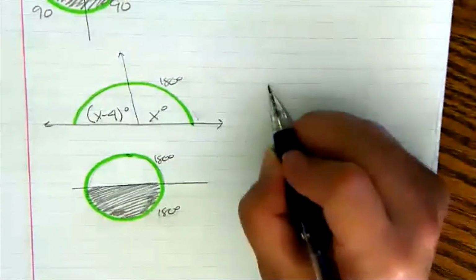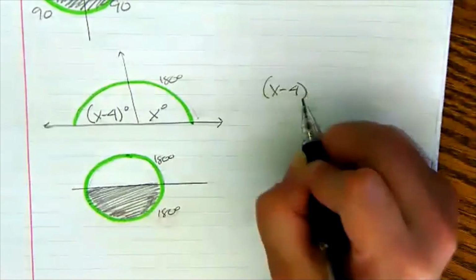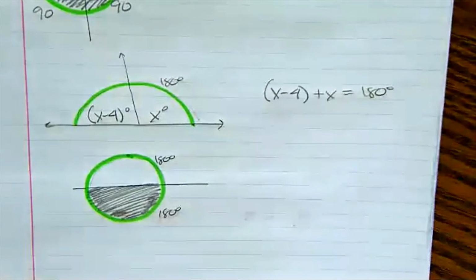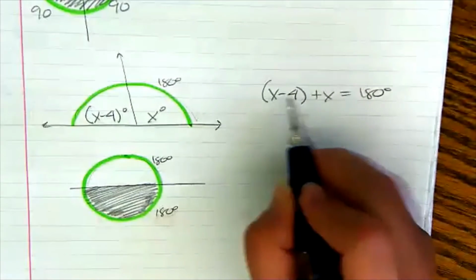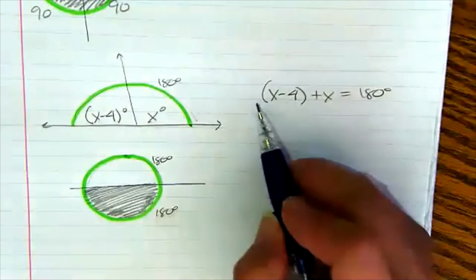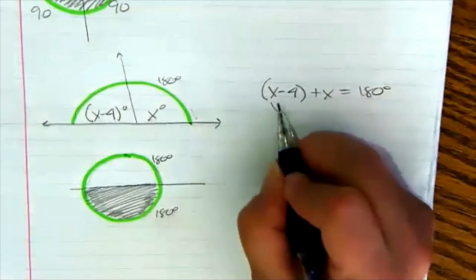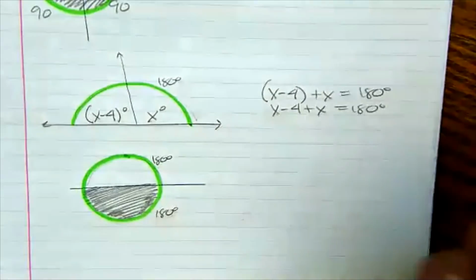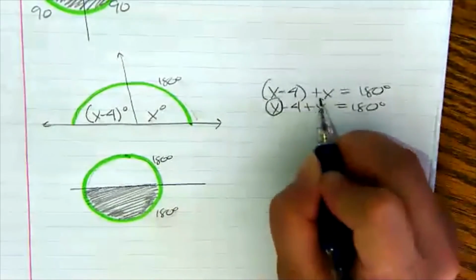So now we can say x minus 4 plus x equals 180 degrees. Now, I don't have to use these parentheses because I don't have anything being multiplied. I can combine my like terms.